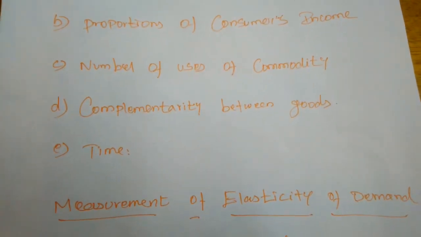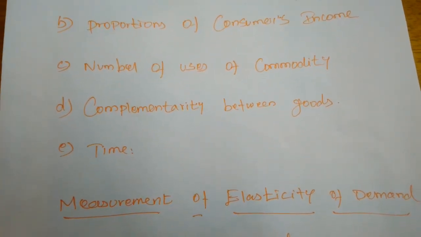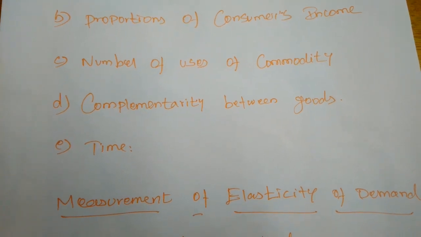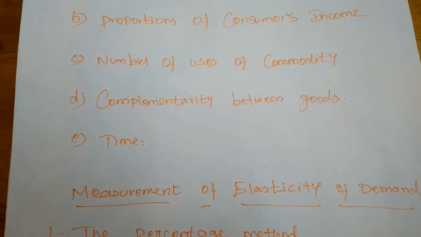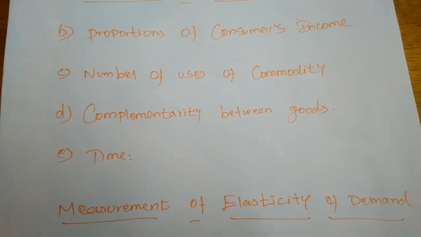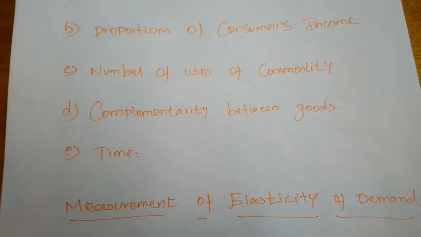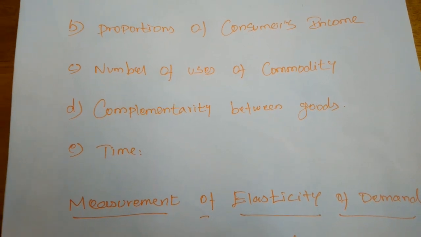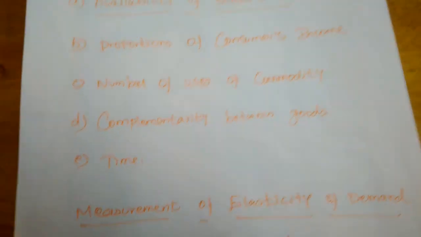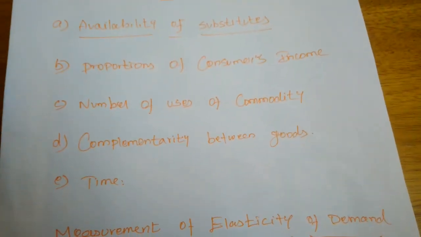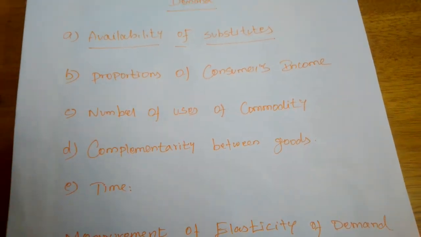Next, complementarity between goods. Along with petrol, lubricating oil is also used for running automobiles. In the automobile industry, petrol, lubricating oil, and engine oil are all used. Here, a rise in the price of lubricating oil may not reduce the demand for lubricating oil, because to operate automobiles we need all the complementary items.